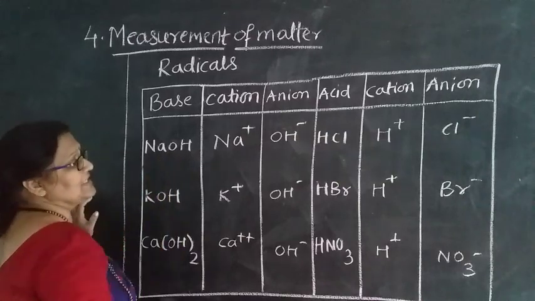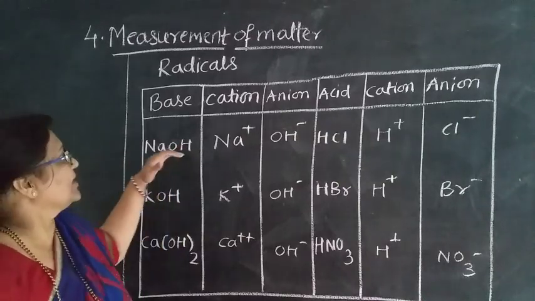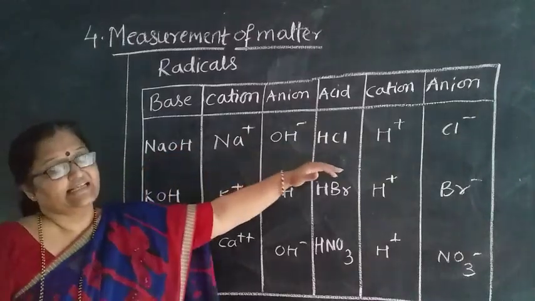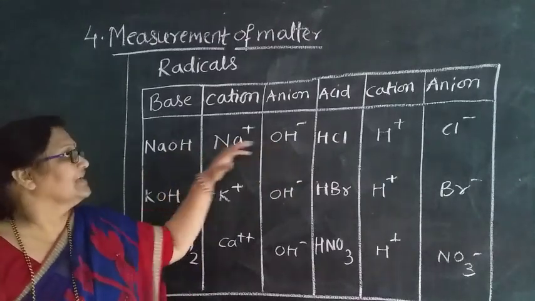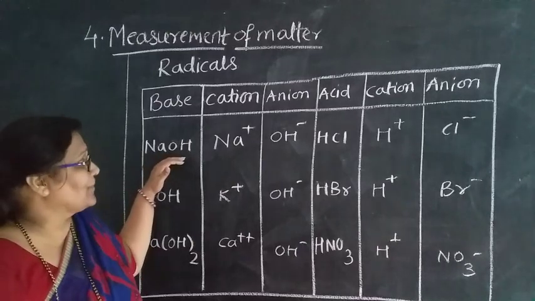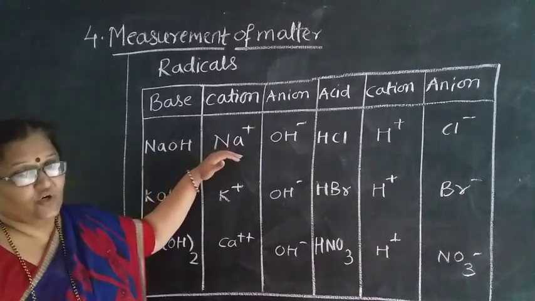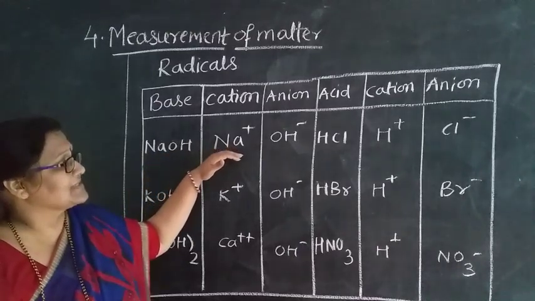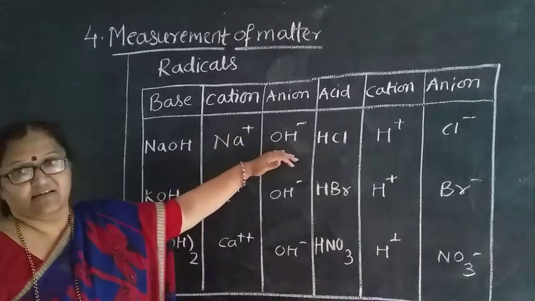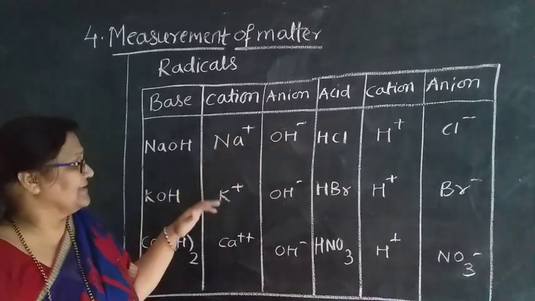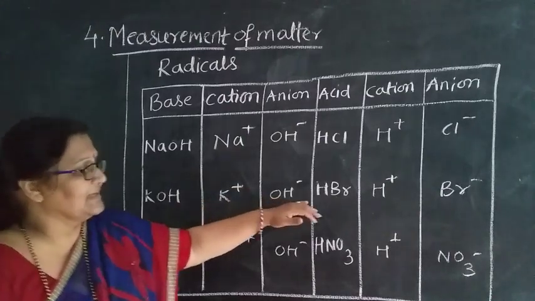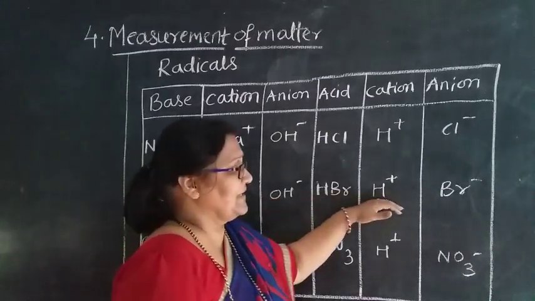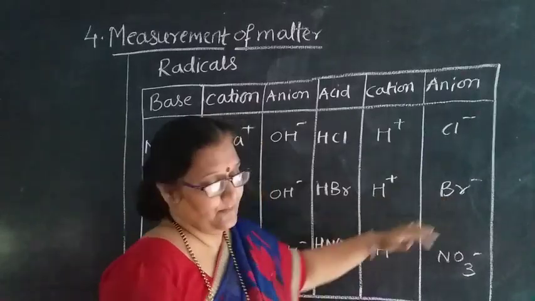Whenever you see that a particular base or acid contains one positive ion and one negative ion, for example, here the positive ion is Na+ and the negative ion is OH-, here it is K+ and OH-. Similarly here it is H+ and Br-.